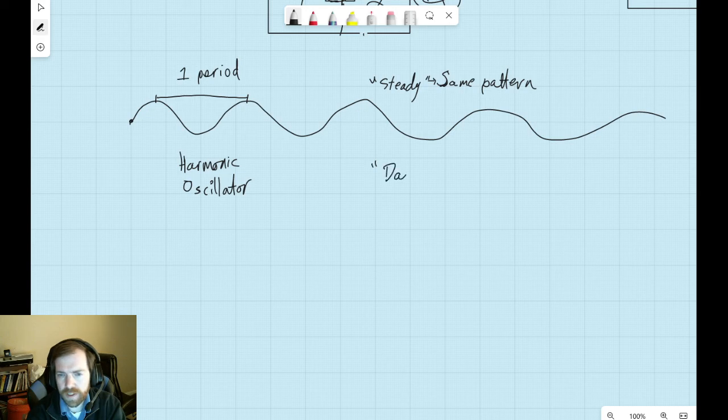We also have damped, where the oscillations will decrease over time. Now this is something that you're probably used to.